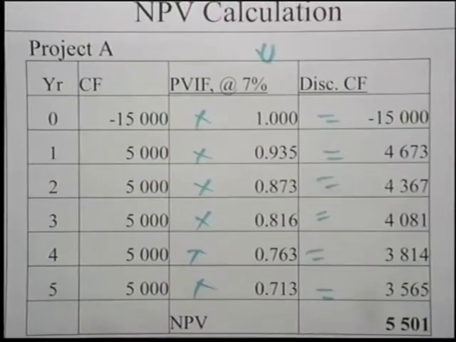Now, having done that, when we are dealing now with the discounted cash flows, here is what I need us to do. We are going to look at these figures.